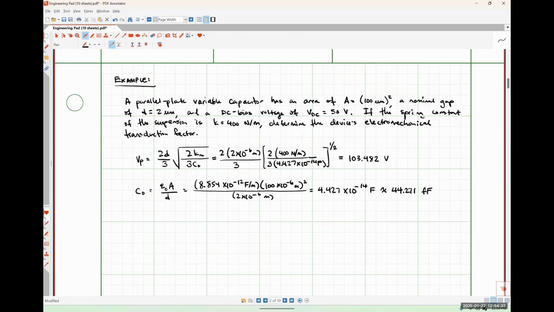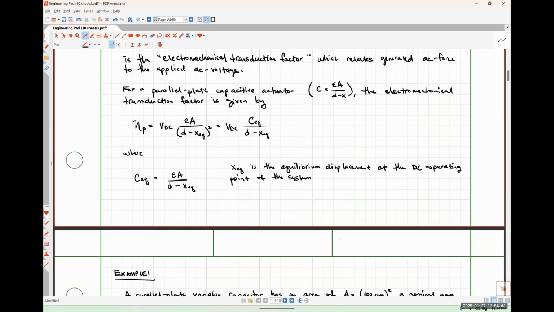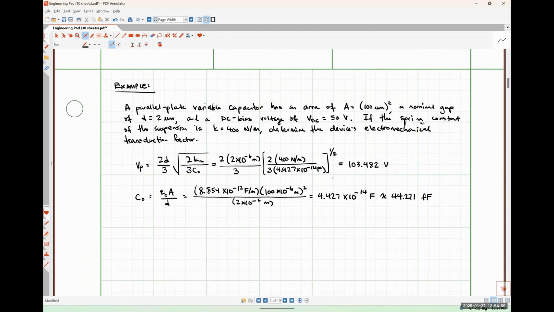Okay, so in order for us to determine our electromechanical transduction factor, we need to essentially figure out what XEQ is. This is going to be fairly similar to what we did in that example problem that I worked when we were talking about pull-in effects.